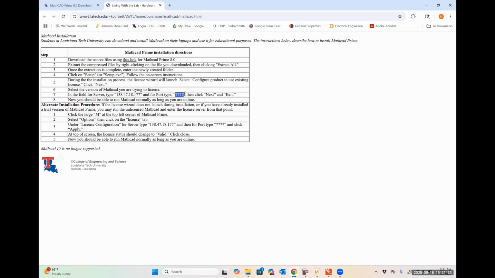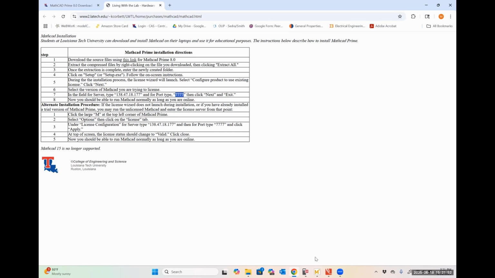If you don't use this particular server and that particular port, then you won't have access to the university license, and therefore you won't have access to all of the features of MathCAD Prime. And one of those paid only features is the solve block that we are going to use in this class to solve systems of equations that are too large for us to do with our calculators.